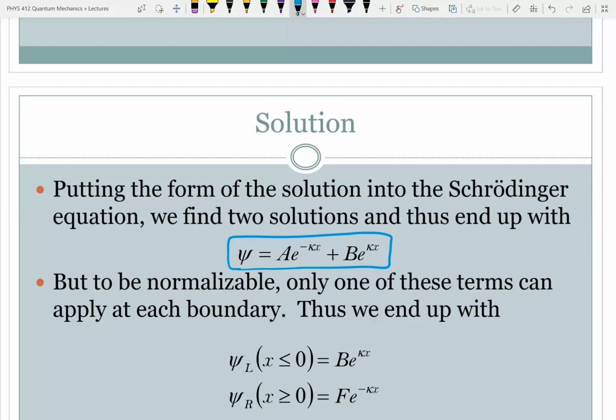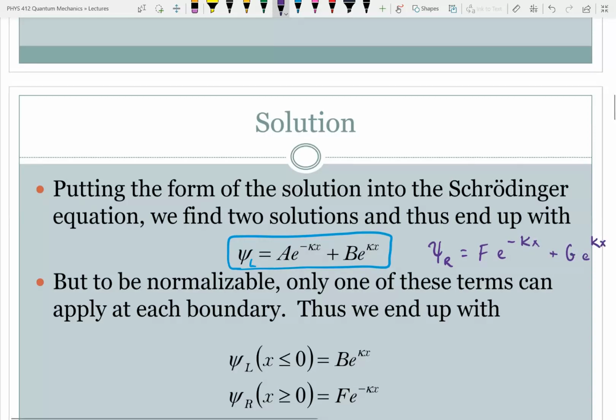The way that the book chose to name them, now that we're 2 days past the first time I did it, I will simply go with the way the book chose to name them and not worry about it. So the book chose those for the constants to take the positive and negative exponent solutions.